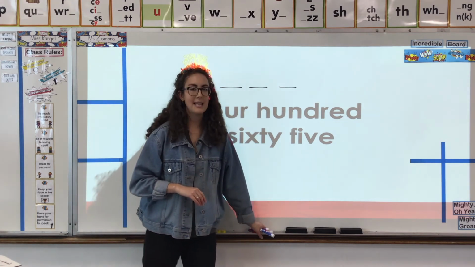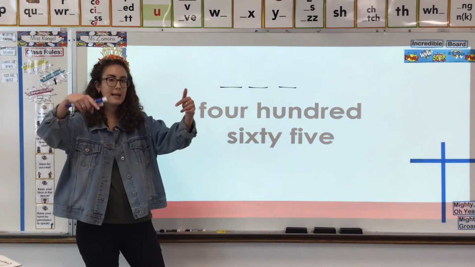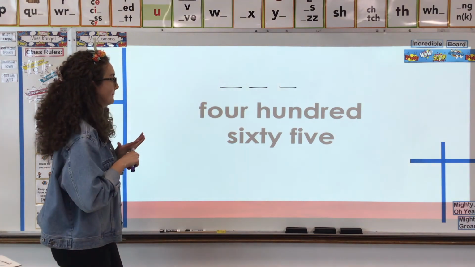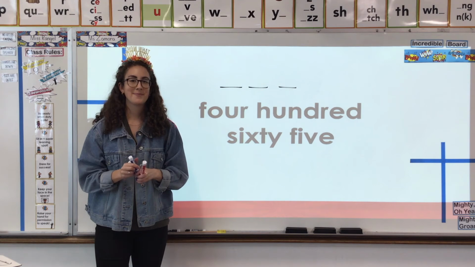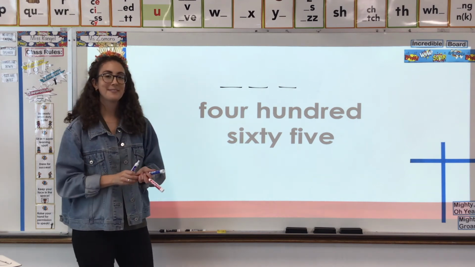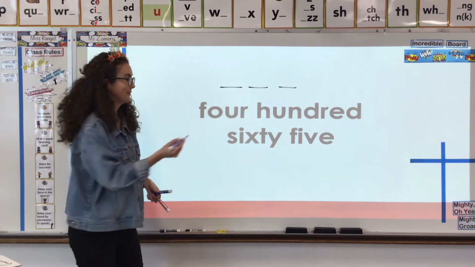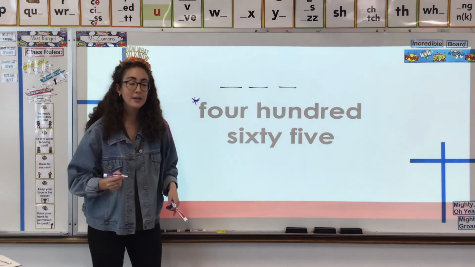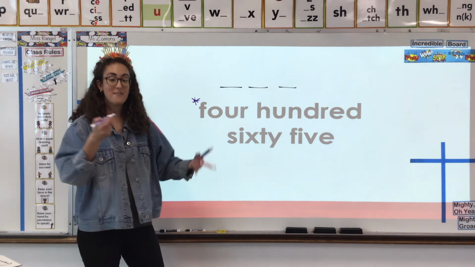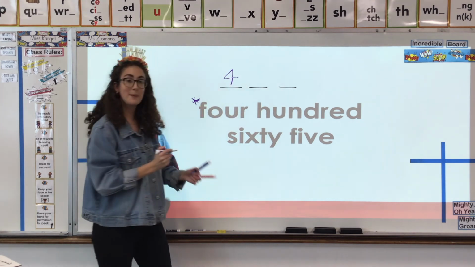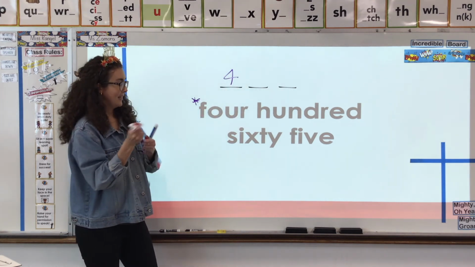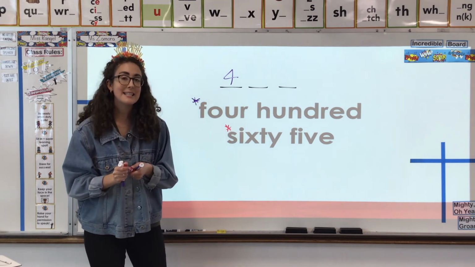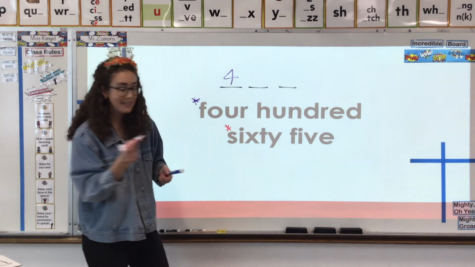Can you put it into standard form? Just write the standard form on your whiteboard. What do you got? So 400, that's a 4 in the hundreds place. And if we know 60, 60 is 6 tens.